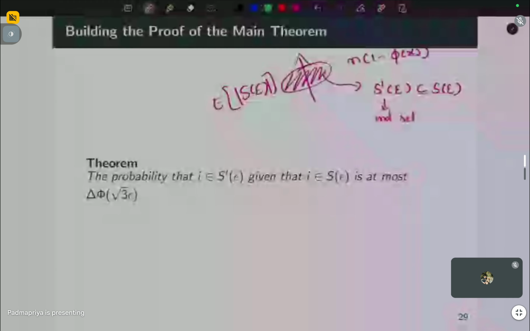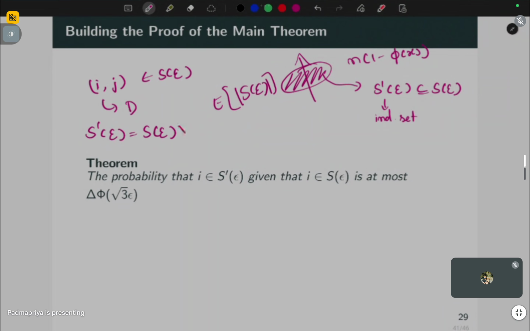If you remember our algorithm, it goes over every edge ij and sees whether i and j together belong to the S. Then it puts this ij into a set D, and it computes S prime epsilon by removing D from our S.